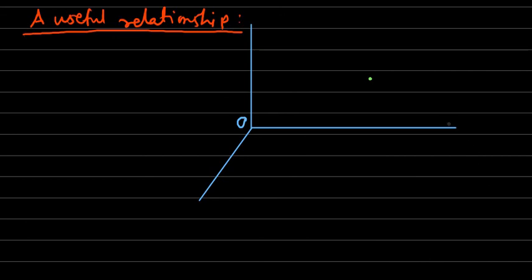This is the x-axis, then the y-axis and the z-axis. Then through the point P we draw a line passing through the origin. We join the points O and P to get the line segment OP.